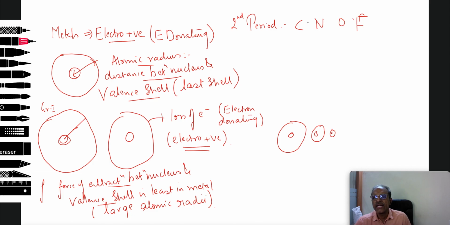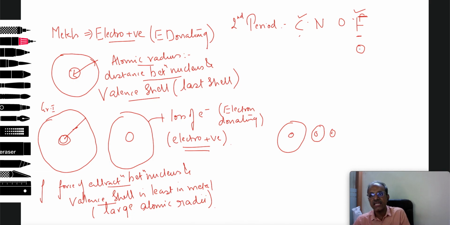The atomic radii decreases, means it is least in fluorine, most in carbon. Clear? Now, so the electron donating effect, or electropositivity, of carbon will be more as compared to fluorine. Fluorine will be highly electronegative. It will not leave electron because it has a very small atomic radius.